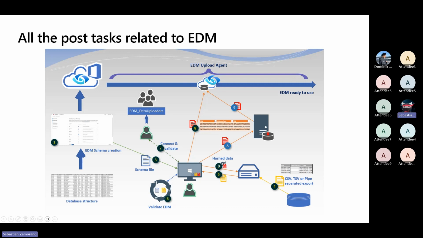After that, we will create the hash data, and having the hash data, we can upload that hash file directly to your Microsoft 365 tenant, or in some cases, you can copy that hash file to another computer, and I will show you that.